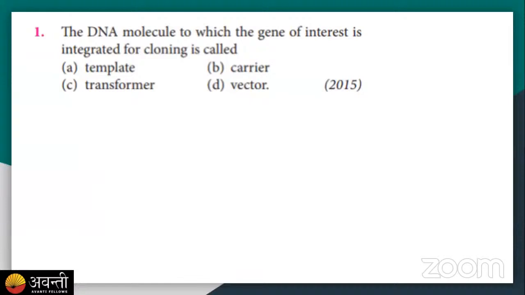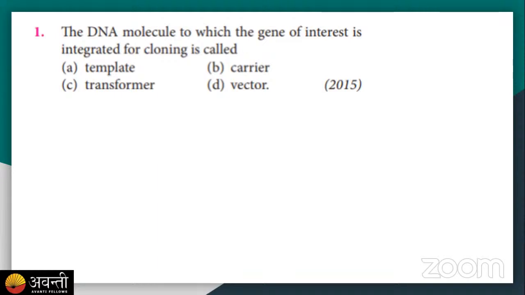The first question for today's class is: the DNA molecule to which the gene of interest is integrated for cloning is called. You have to give the name of the molecule in which we integrate our DNA so that we can have the gene of interest recombinant to that. Option A says template, option B carrier, option C transformer, and option D vector.